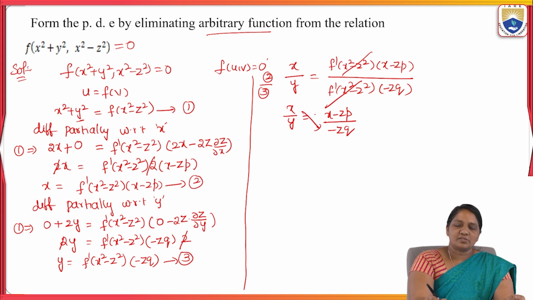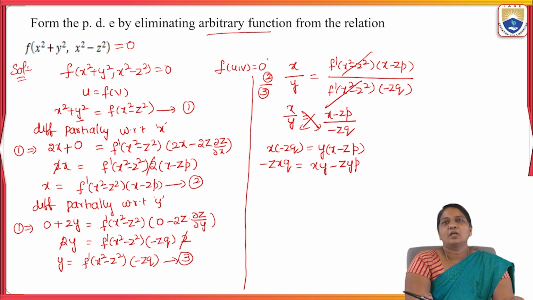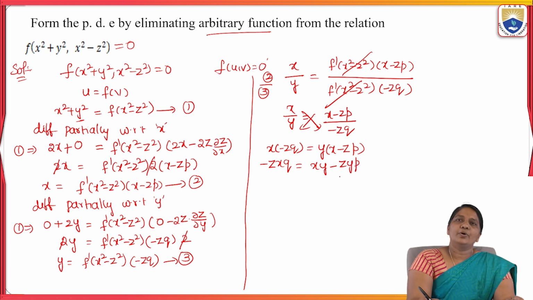Now we are doing the cross multiplication. So x into minus zq is equal to y into (x minus zp). So minus zxq is equal to xy minus zyp. Now I am sending this one to the RHS part: xy minus zyp plus xzq equal to 0.